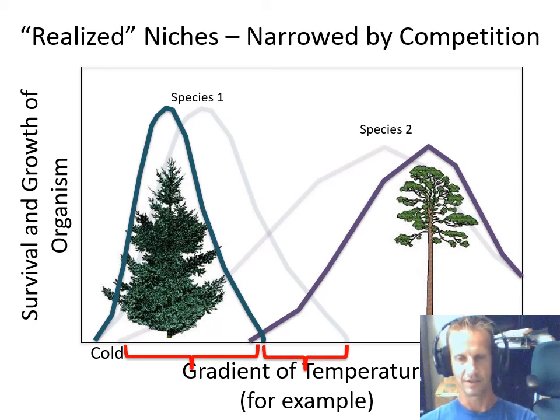So you can see that this range of overlap here is minimized by the specialization and competitive dominance of these species within the range of conditions that they do best in.